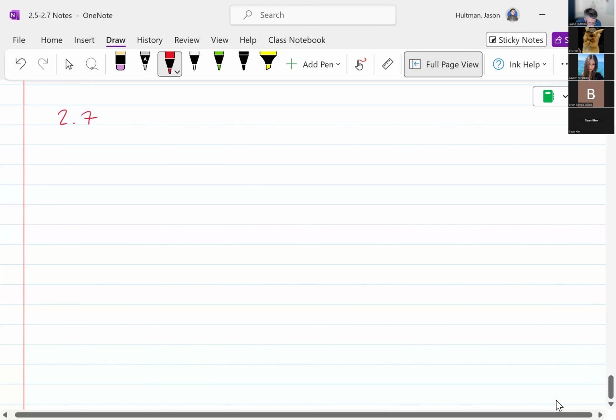Okay, 2.7 is on partitions. Let's talk about disjoint sets.